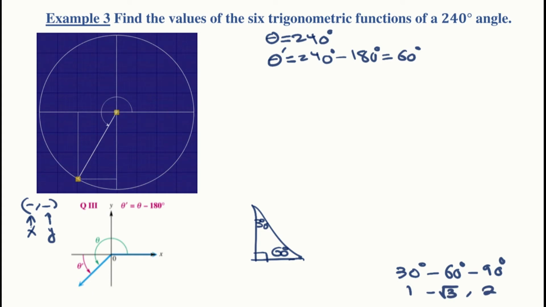So that means the side opposite the 30-degree angle is 1, the side opposite the 60-degree angle is square root of 3, and the side opposite the 90-degree angle is 2 in our reference 30, 60, 90 triangle. And also we want to remember SOHCAHTOA.